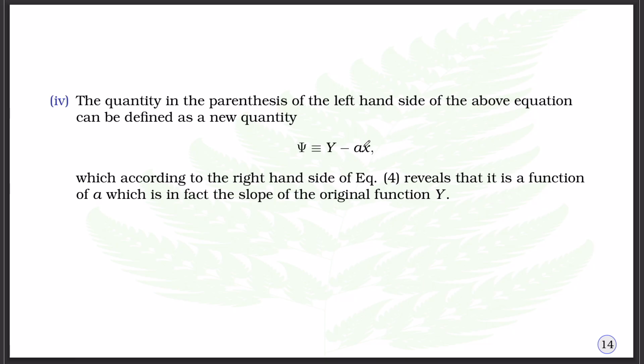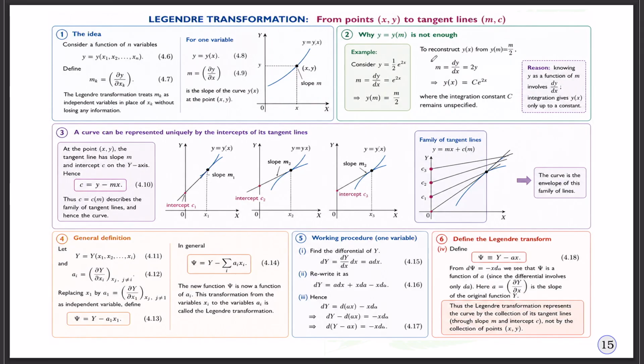So likewise we can find the Legendre transform of a given function. So the sketch is given here. Consider a function of n independent variables, take the partial derivative with respect to each variable and denote it as mk.